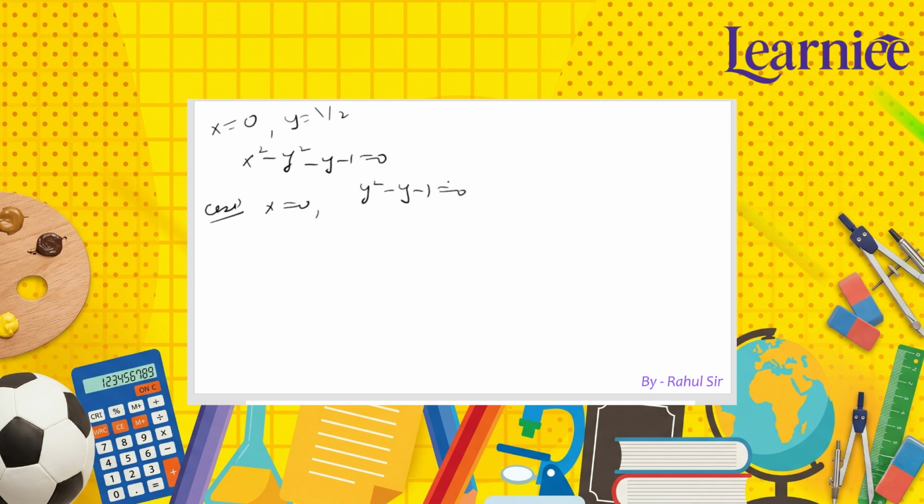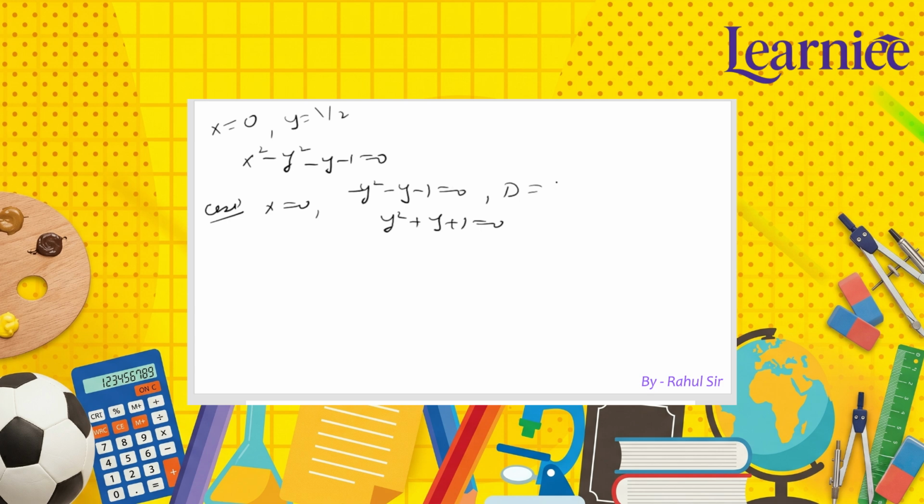Okay, but the problem, you understand, is that this discriminant is negative. If I substitute, I will get y square minus y plus 1 is 0.